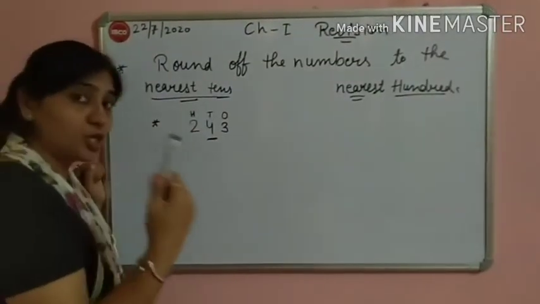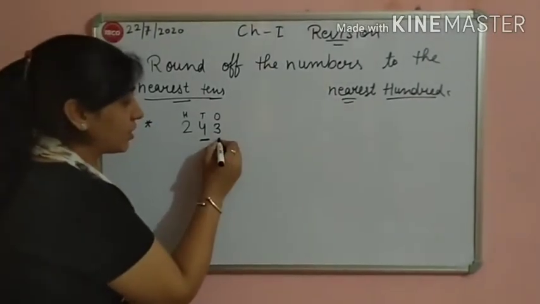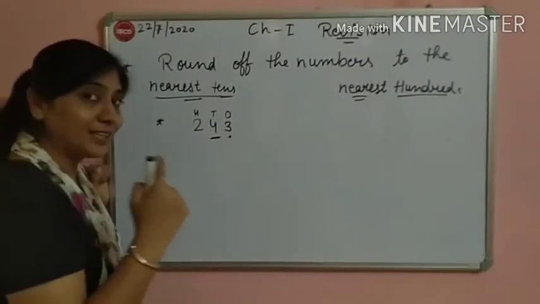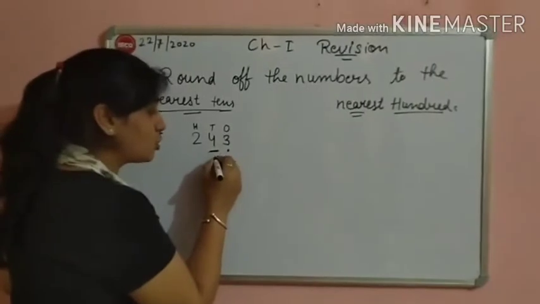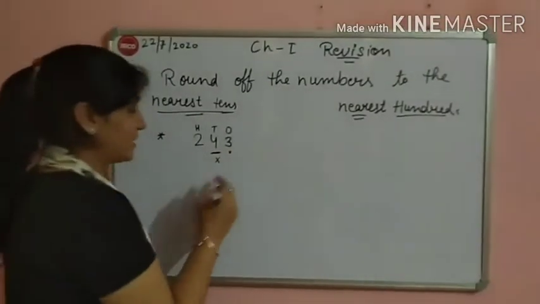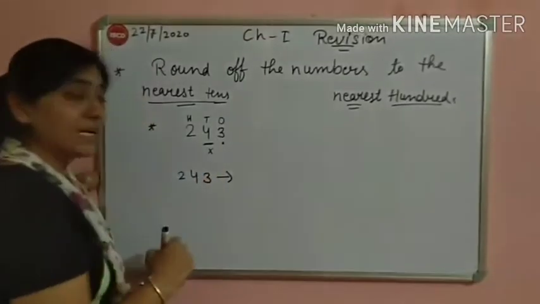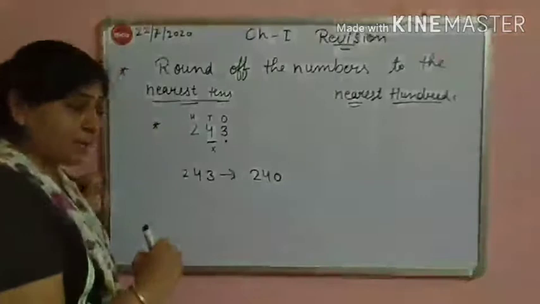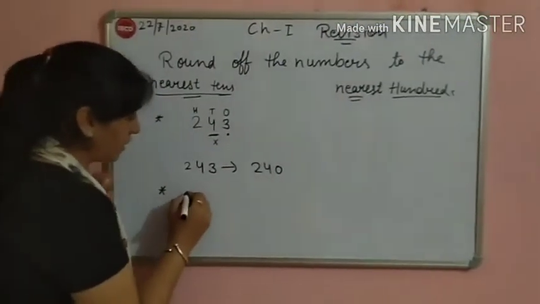So I have to check the right side of the tens place digit and see what it is. 3, and 3 is less than 5. So there is no change in the tens place digit. So students, 243 is rounded off to 240.